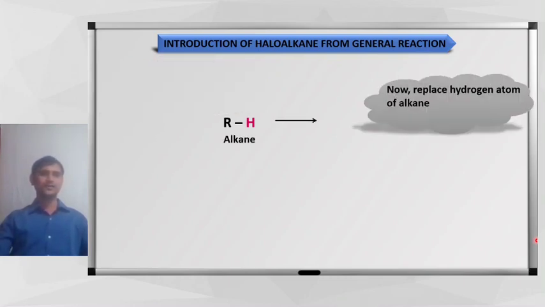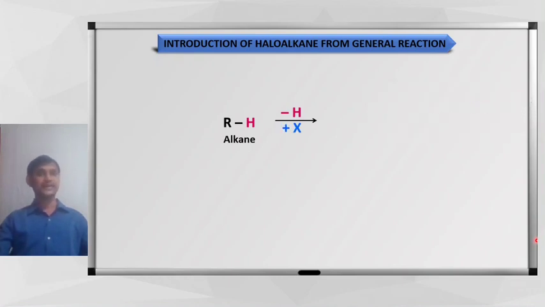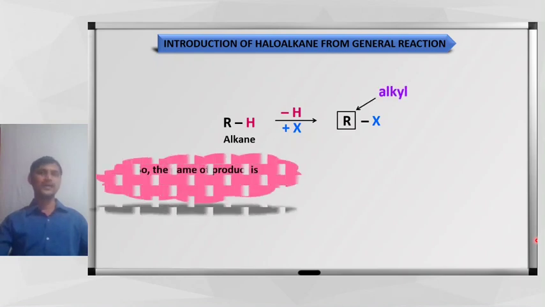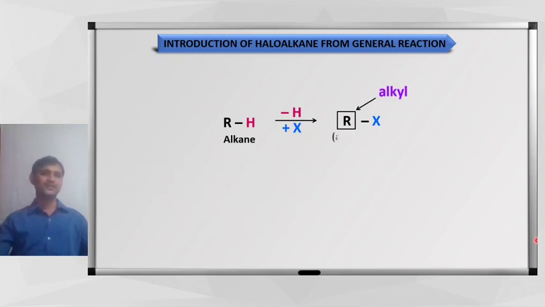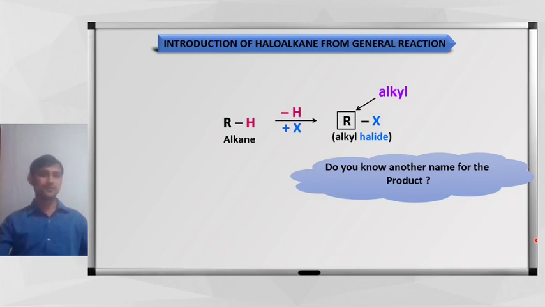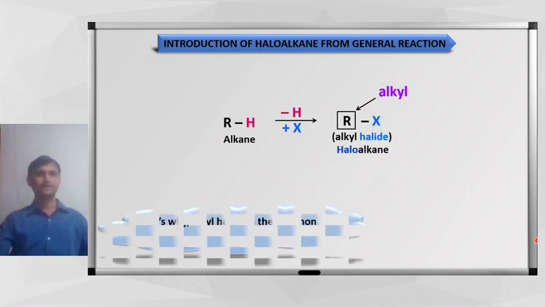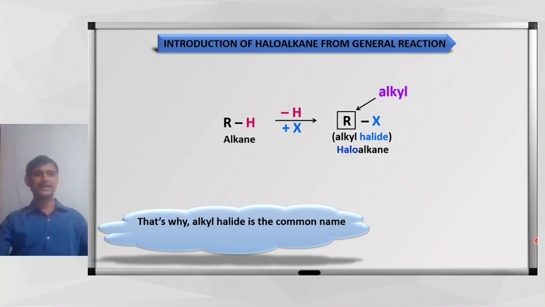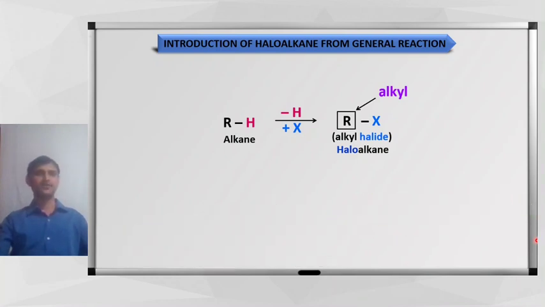In alkane, one of the hydrogen atoms is replaced or substituted by the X group, that is the halogen group. Then there is a formation of the product, and that product is called RX, where R is the alkyl group, and the name of the product is alkyl halide. The other name of the product is haloalkane. So the common name is alkyl halide and the IUPAC name is haloalkane.